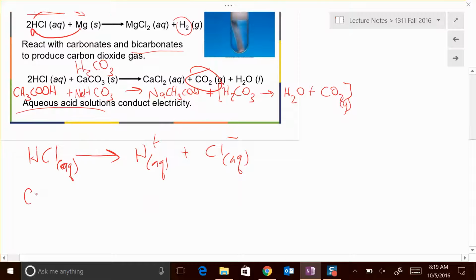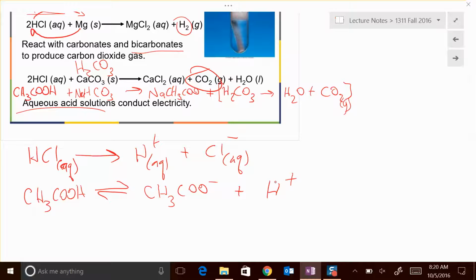Acetic acid is also an electrolyte, except it is a weak electrolyte because it dissociates into these ions, but creates this situation where that hydrogen is coming on and off, on and off. And so this one, strong acids have 100% dissociation of the hydrogen.